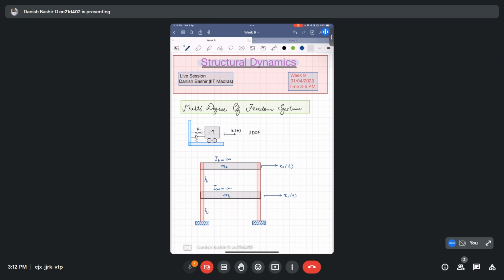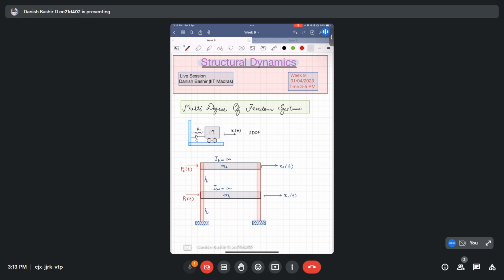The system is dynamically excited by some forces, maybe wind or earthquake excitation. At second floor level it is P2 of t, a time varying force, and at first floor level it is P1 of t. We are required to find the governing differential equation of motion of this system under time varying loads P1 and P2 of t.